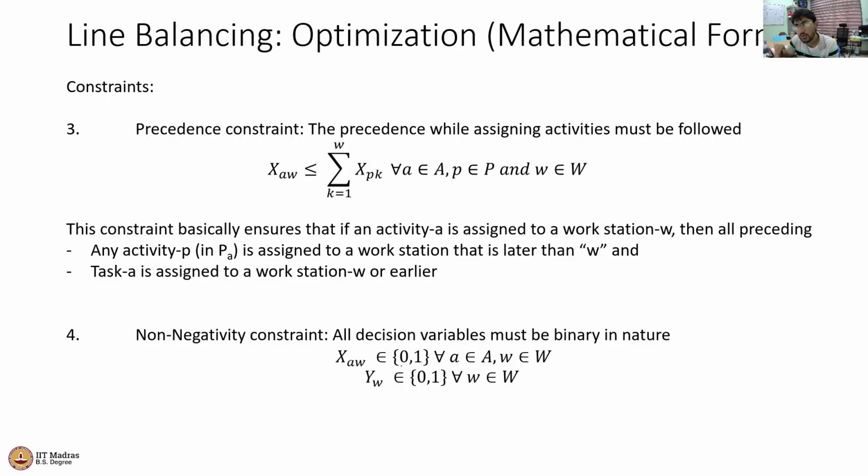I would like to conclude by saying, for those people who have exposure to operations theory and they would be thinking, come on, this problem is an NP hard problem. NP hard basically means as the number of XAW starts to increase, the time to solve the model drastically increases.